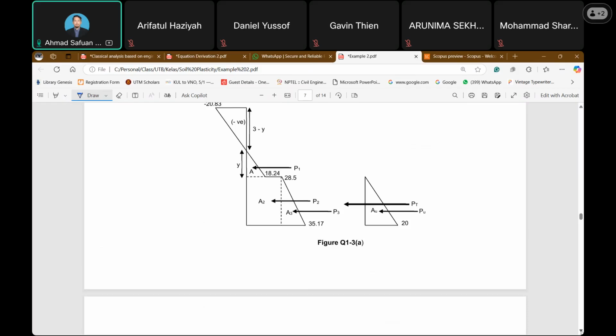So the Y is equal to 1.4. Then the total thrust, the area for A1, A2, A3, and AU, is equal to 96.44.